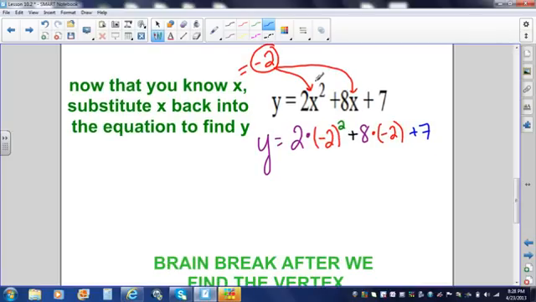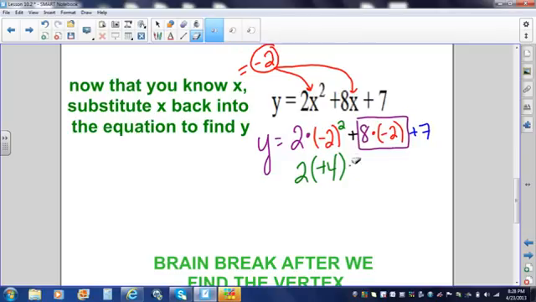-2 to the second power would be -2 times -2, which is +4. Times that by 2. Add 8. Oh wait, no, let's do order of operations. Let's multiply those. 8 times -2 is -16. Then we have our +7.